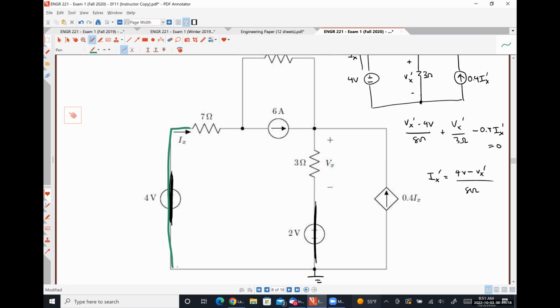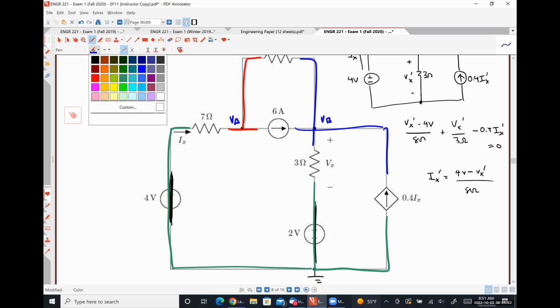So this whole thing right here is ground. And then we have this node. And then we have this node. So it's just a two equation, two unknown system that we'd be solving there. If we find this voltage, let's call this VB, this is going to be the exact same thing as Vx with respect to ground. And this is VA.